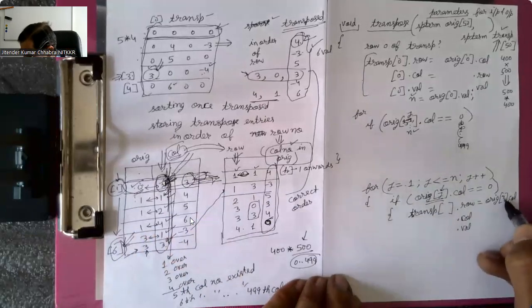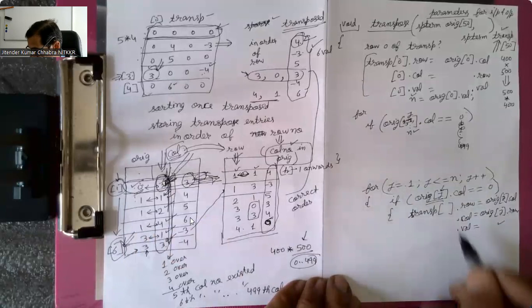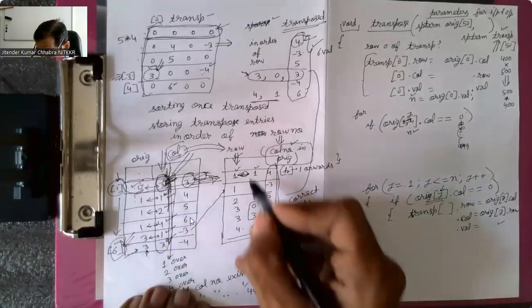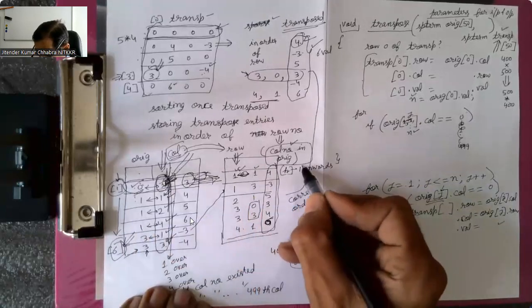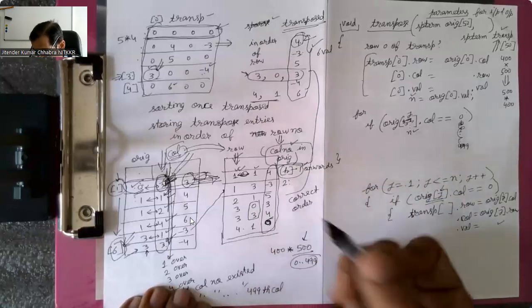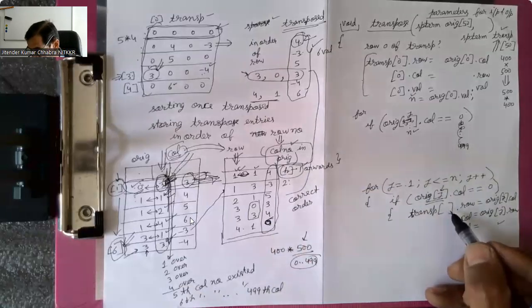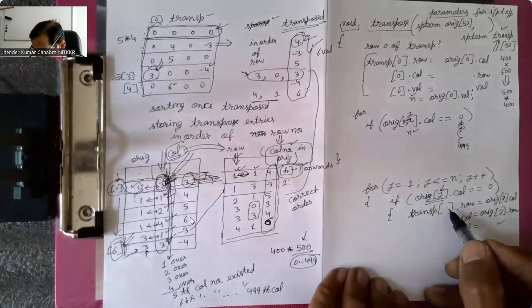That means original j dot column, original j dot row, original j dot val. Where to store in transpose? First time at index 1, next time at index 2. I don't know how many entries will come, so I can't say this will be exactly j.